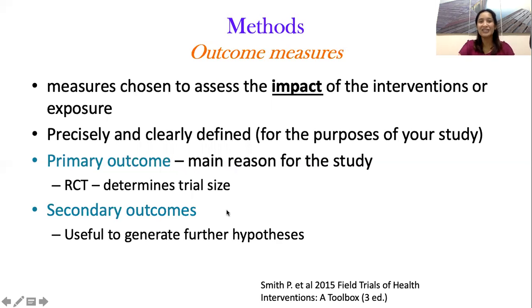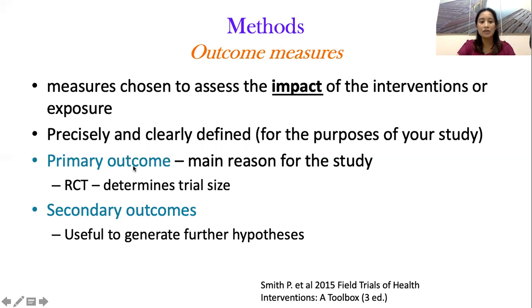But you should define it as: MI is defined according to the ACC definition, characteristic chest pain or its anginal equivalent with elevation of cardiac enzyme or characteristic ECG ischemic changes. So that's how you clearly define it for your purposes of the study, so that you'll be able to tell whether your patient meets that outcome measure or not.